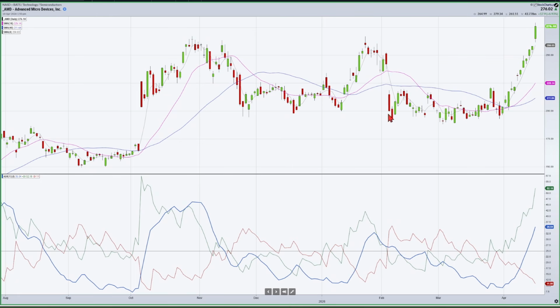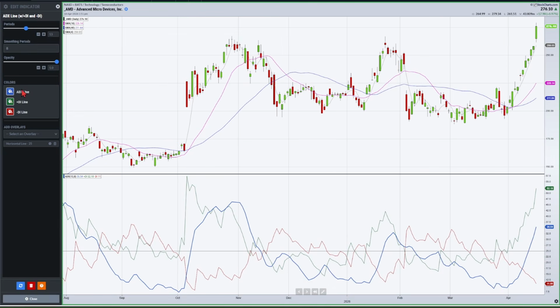All right, so I want to start with the stock of AMD, looking at a daily chart. Now, one of the things I want to do is start out with the chart settings. So I'm going to click on this ADX, and what I want to do is keep things really simple today. The first thing, when we look at this chart, especially on the ADX part, doesn't it just look messy?